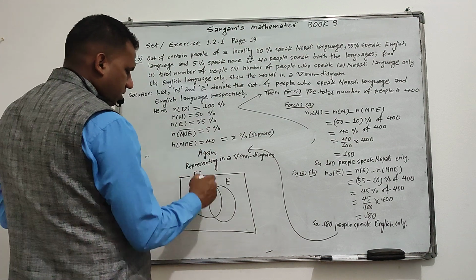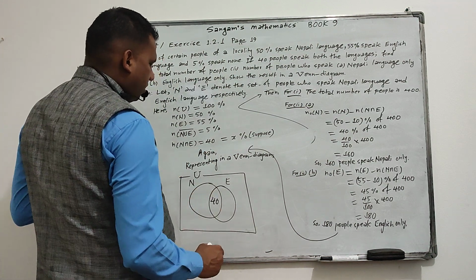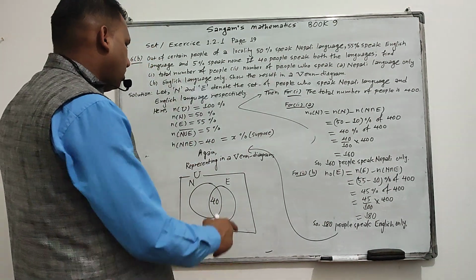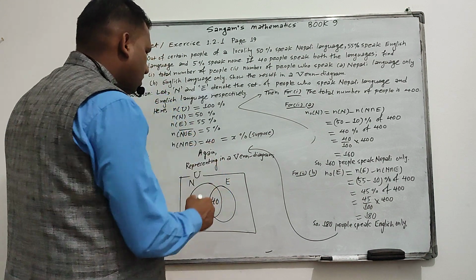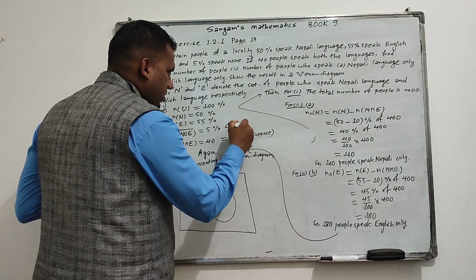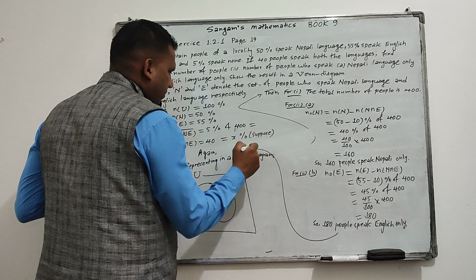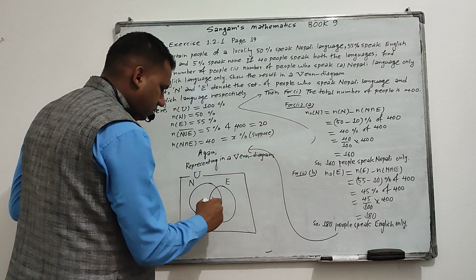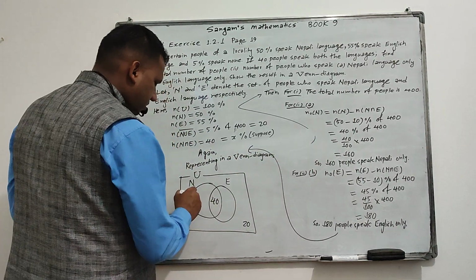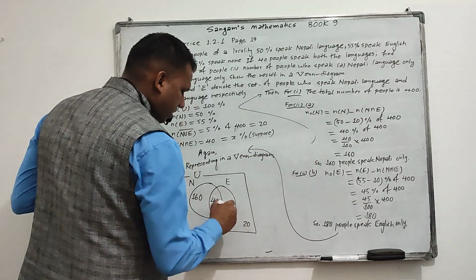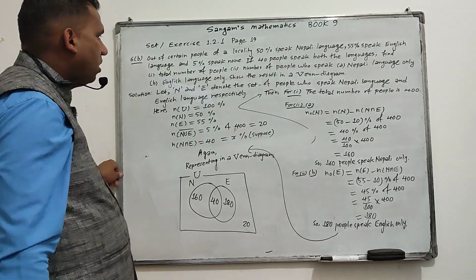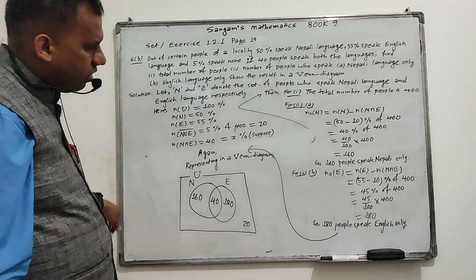Intersection data is 40, here is 40. Complement data is 5%. Since 10% equals 40, 5% equals half of 40. 5% of 400 becomes 20. So here is 20, and N only is 160, and E only is 180. So this is the required Venn diagram.